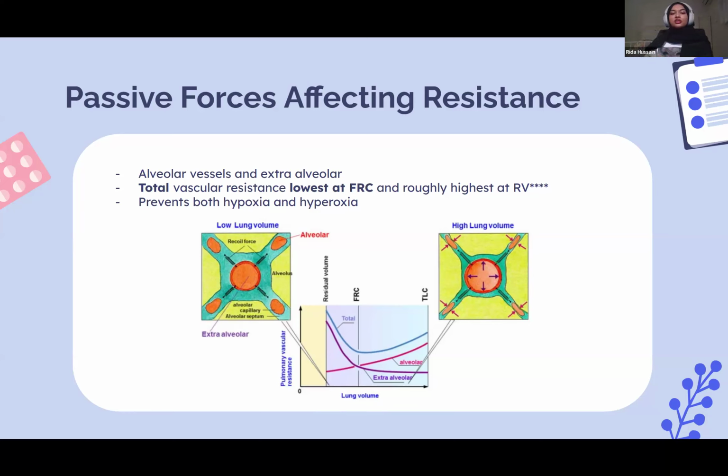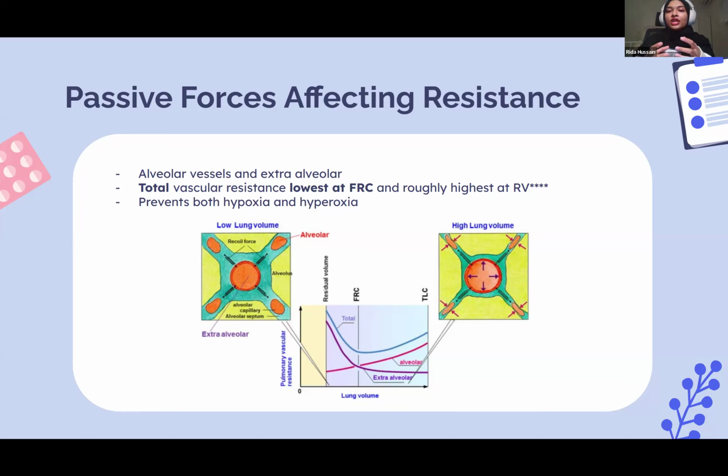Alveolar vessels are basically wedged in between alveoli, so it's over here. And the extra-alveolar vessels are in spaces that are not that much in contact with the alveolus, okay? It's like the alveoli are two balloons, and when they expand, they cause the alveolar vessels to shut, okay? Which means that they increase the resistance in the alveolar vessels.